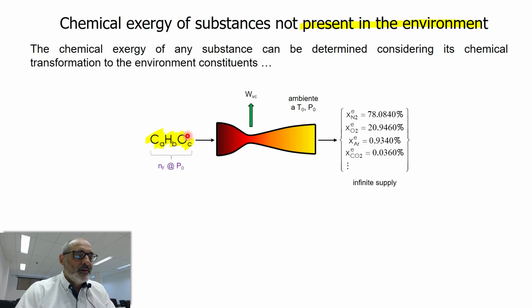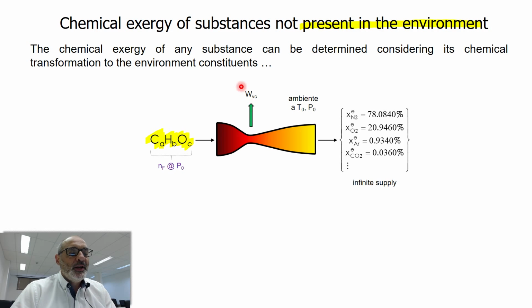This is my generic substance. Another variable to be highlighted is that it is at a pressure P0, and its molar flow rate is F. The letter F stands for fuel. So I'm injecting this fuel in a reaction chamber, a burner.